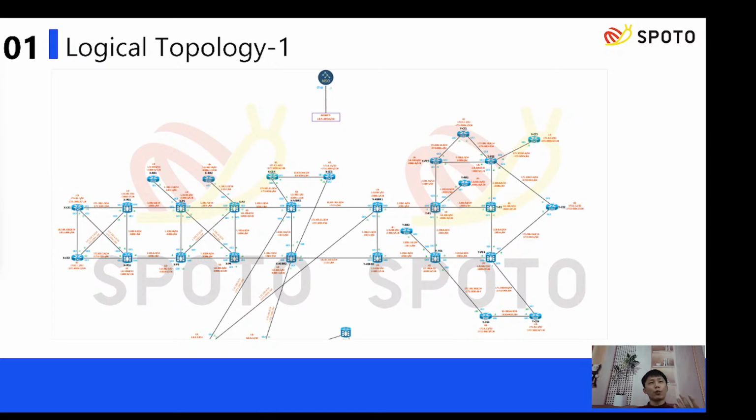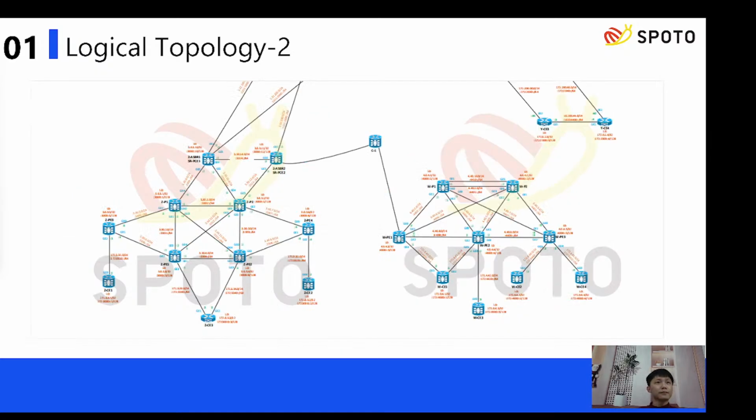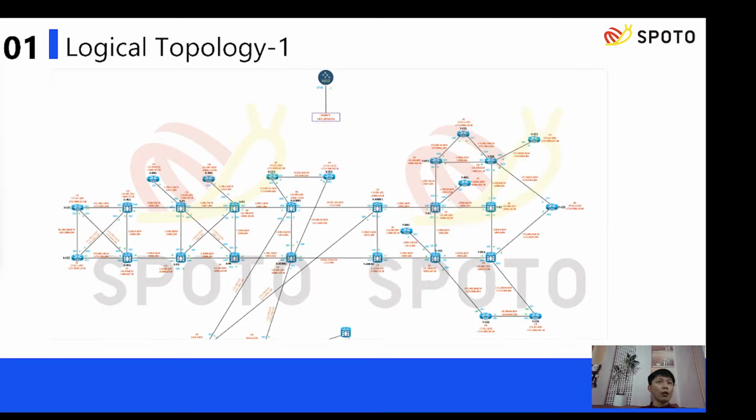As you can see here, I show you the logical topology of the CCIE SP version 5.1 lab exam. It just shows you the IPv4 and IPv6 addresses of each interface, also the loopback interfaces.